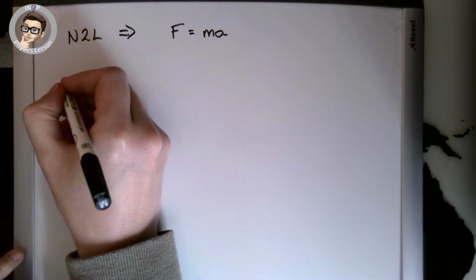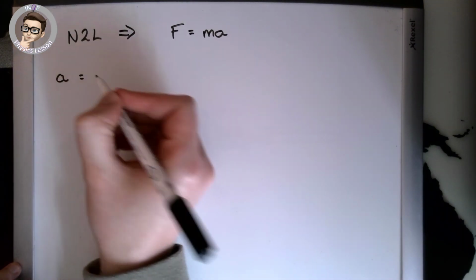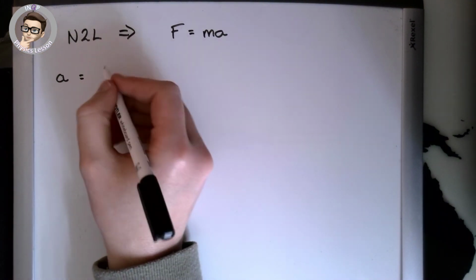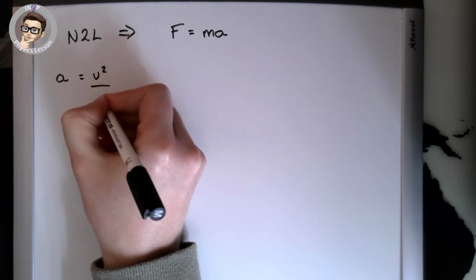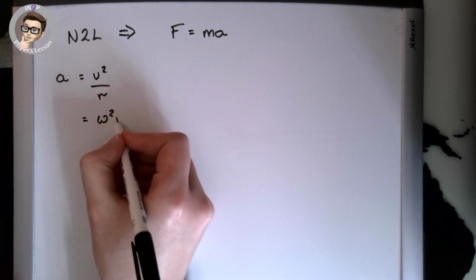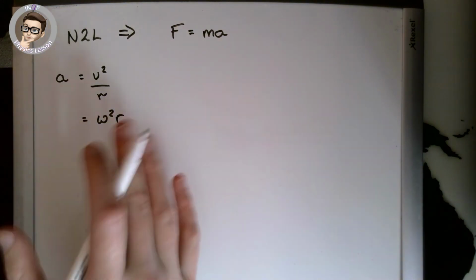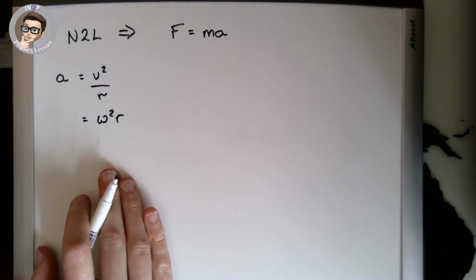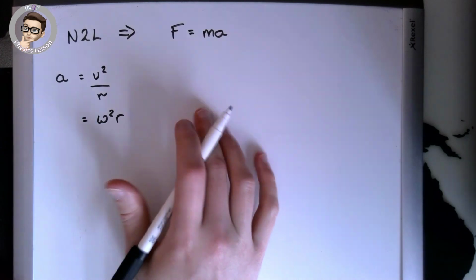And we know from what we did with the proof that a is equal to v squared over r, or in fact is equal to omega squared r. We've got two options there for our centripetal acceleration. So that means we're going to have two options for our force.